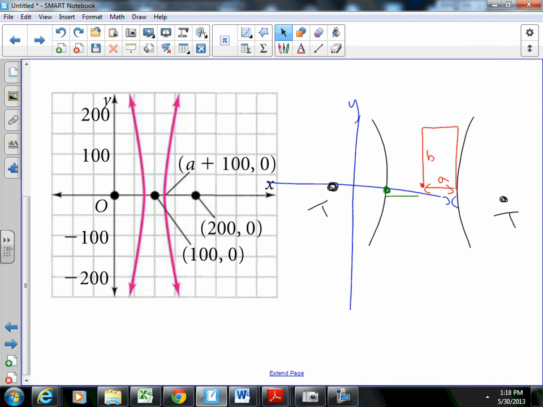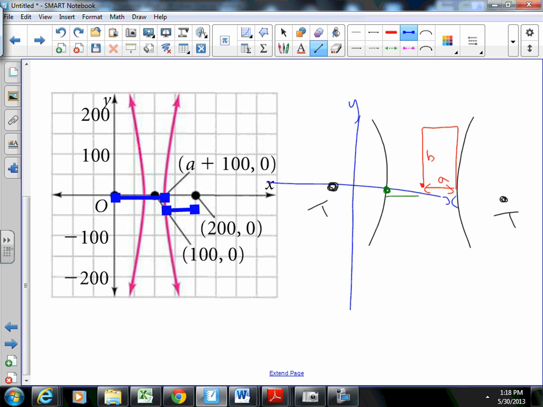Now, the way the example does it in the book is it talks about finding this distance, let me use some straight lines here. It talks about this distance subtracted from this distance.